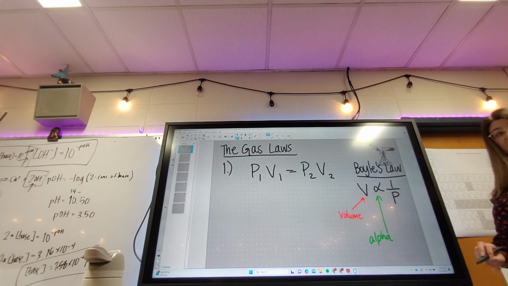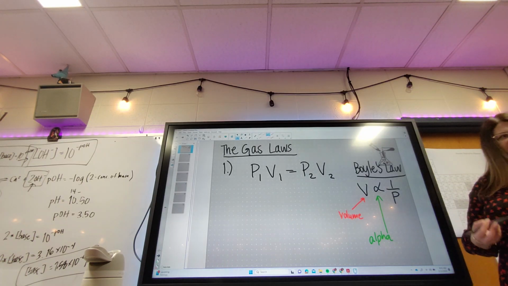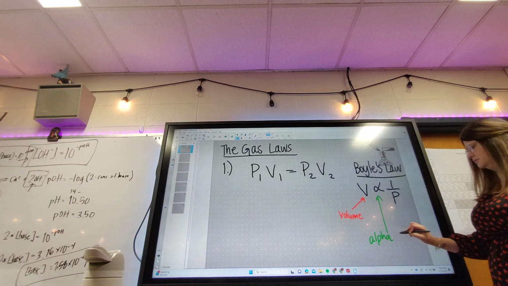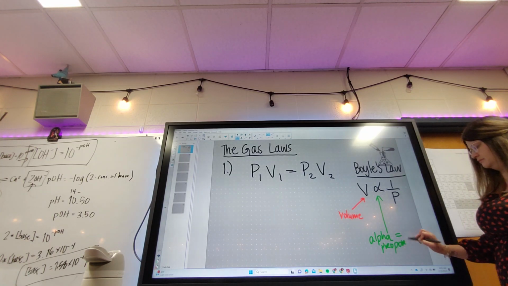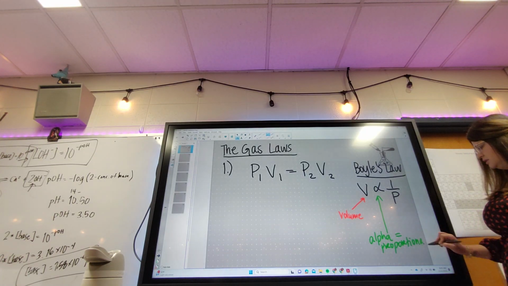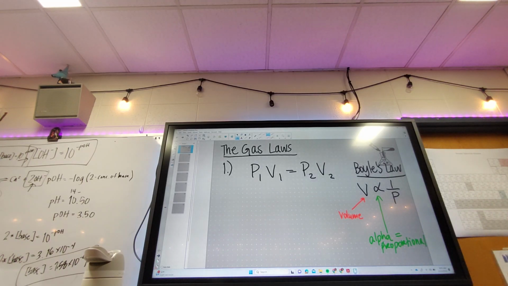And what it means is proportional to, or you can almost think of it as an equal sign. When something is proportional, it means that as this changes, the other thing changes as well.